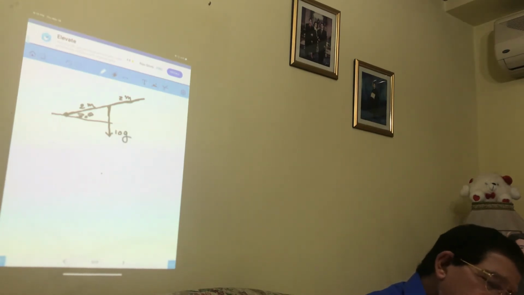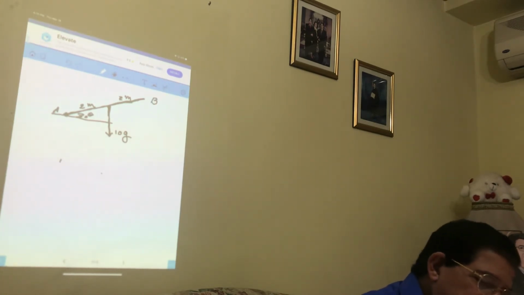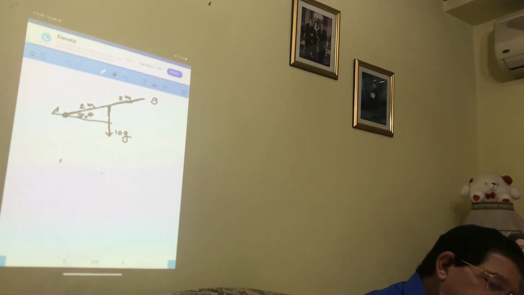The rod AB is pivoted at A. At B, it is pulled up by a rope. That rope is making, say, 60 degrees with the rod.